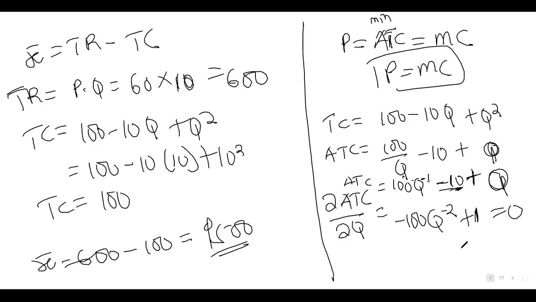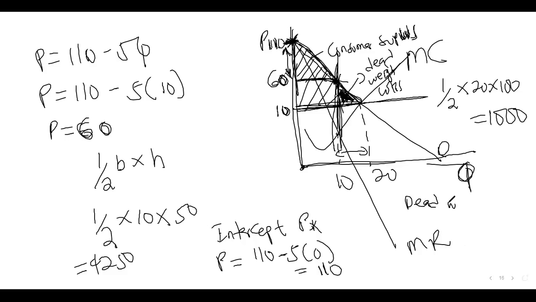So the deadweight loss will be half of the base 10 times the height, which is 50. That is 60 minus 10. So we will have 0.5 times 10 times 50, and that will be 250. So the consumer deadweight loss is 250.